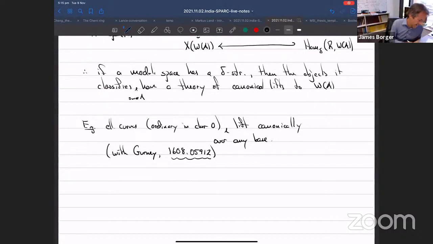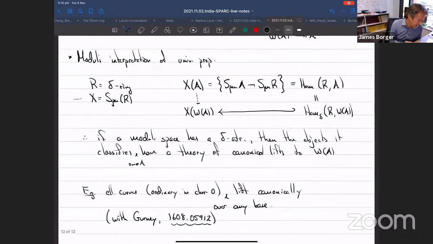The reason I find it interesting is that canonical lifts of elliptic curves from characteristic p to characteristic 0 is kind of a mysterious thing, but the point of view I like is that the explanation is simply that the moduli space of all ordinary elliptic curves has a delta structure. Sorry, I said characteristic 0. Characteristic p.